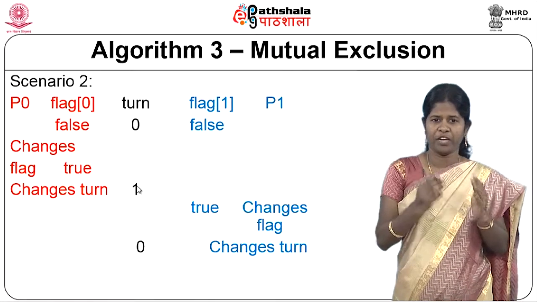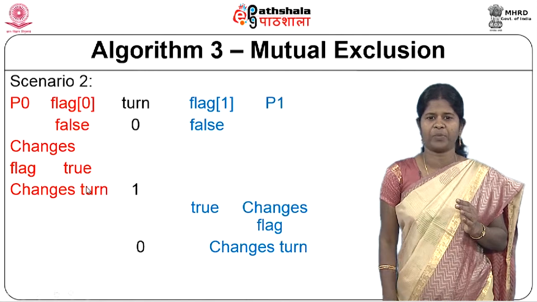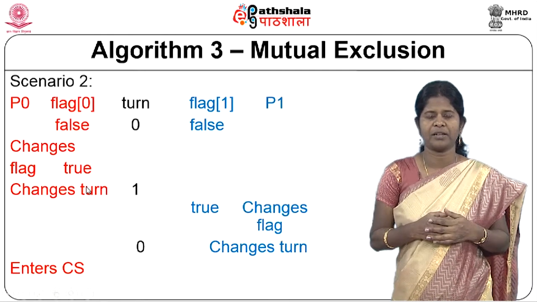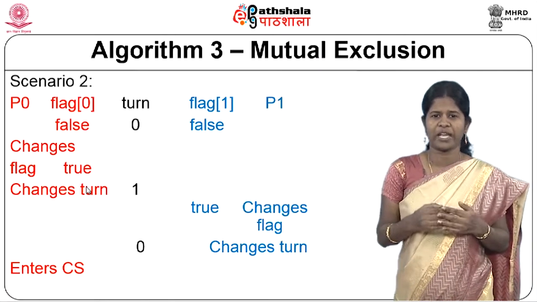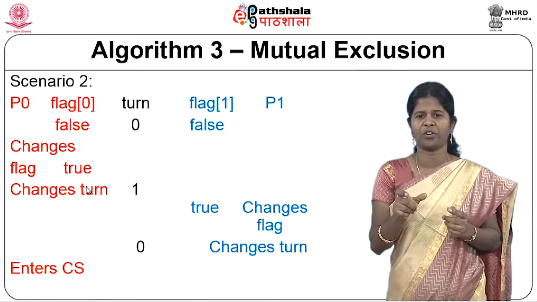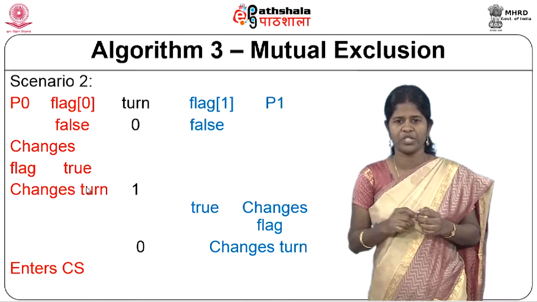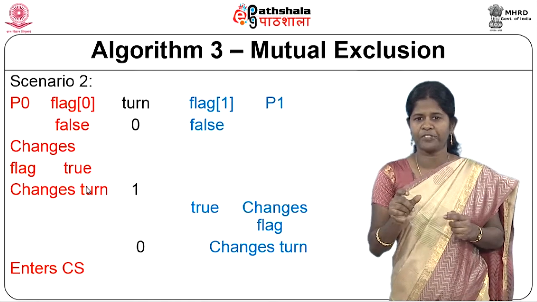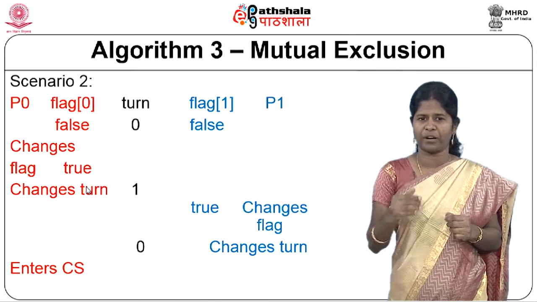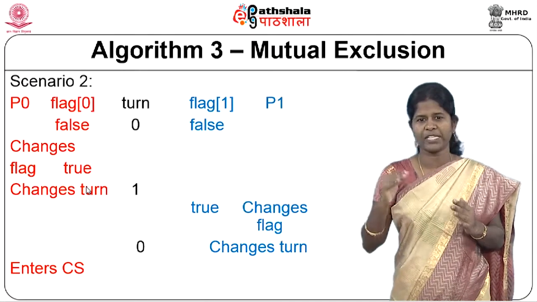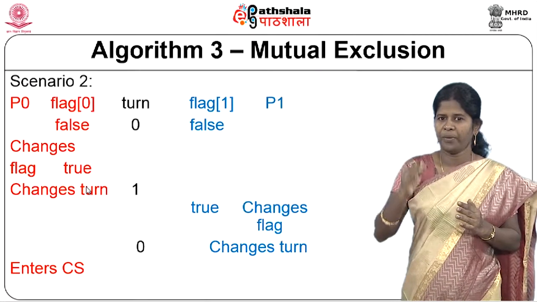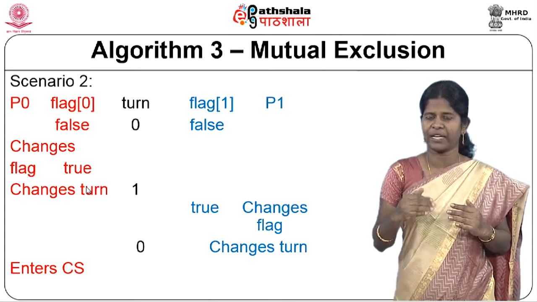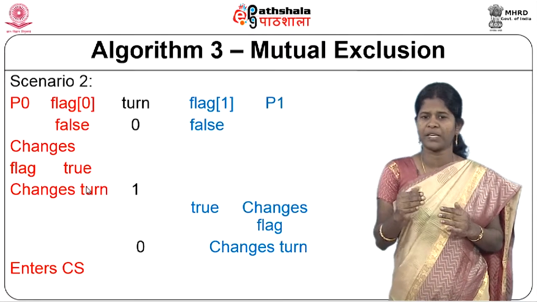See, say if P0 tries to execute the next statement, while flag[j] and turn equal to j. Flag[j] is true. What is flag[j]? For P0, flag[j] is flag[1]. So, P0 finds that the flag of the other process is true.